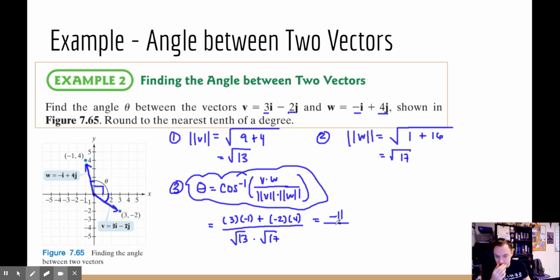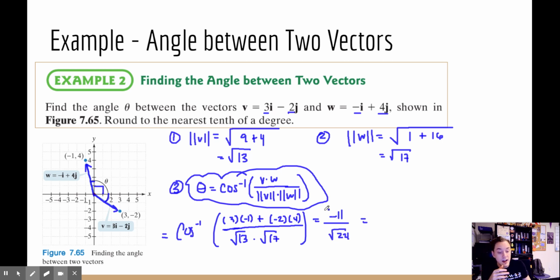I should be putting this in parentheses, and even here I should have the inverse of cosine. I apologize. This is negative 11 over radical 221.